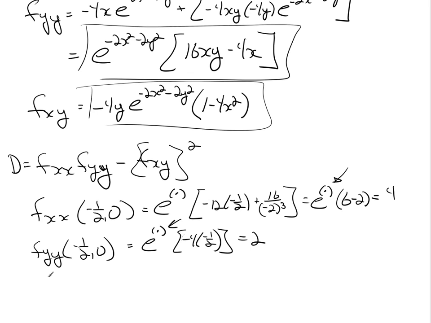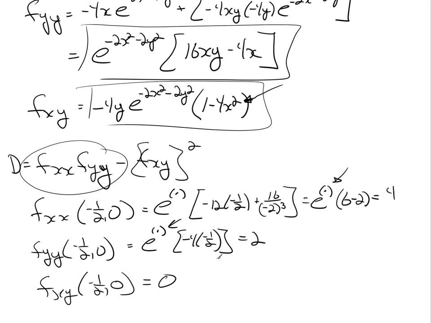And then I need fxy at negative 1/2, 0. And that is going to be equal to 0 because that's what we use to find the critical points to begin with. So this piece right here is definitely going to be positive.